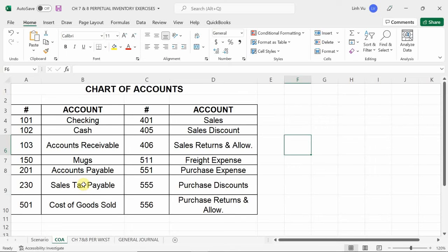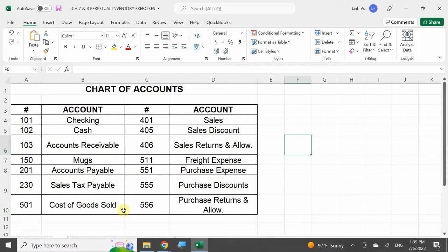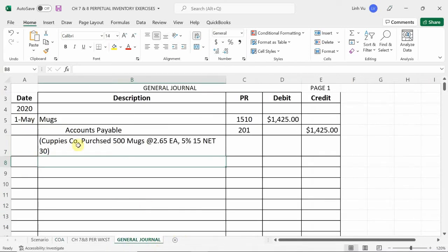We are reducing the amount of accounts payable, okay, and then we are also reducing the inventory mug. Good, right? We're going to be reducing the inventory mugs here. Now in this case, right, it is May 5th.